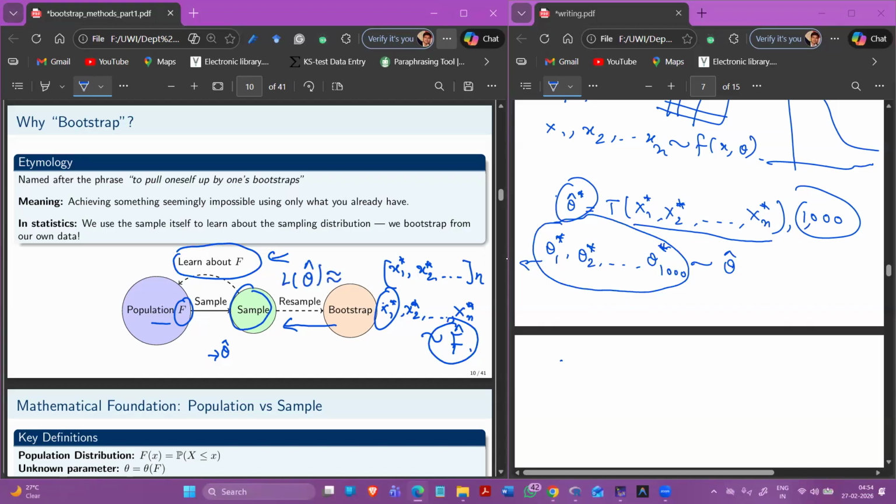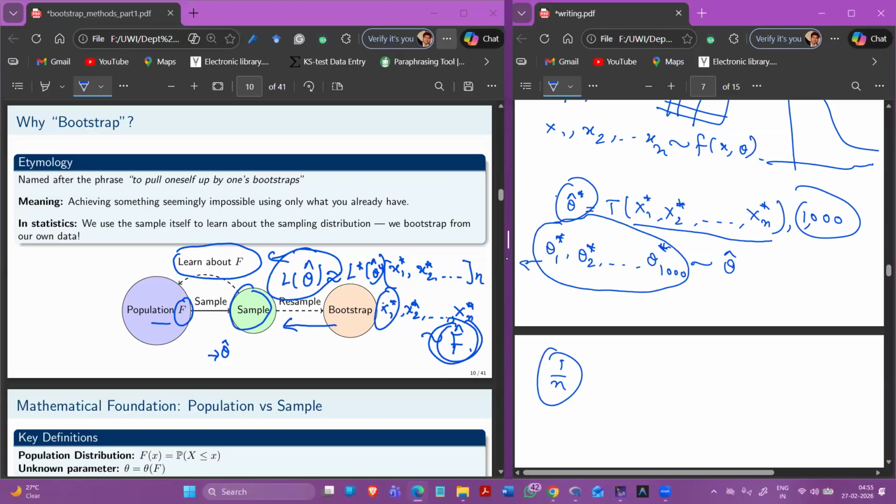likelihood of theta cap is approximated by the likelihood star of theta cap star. So the theta cap star distribution will approximate the population distribution. Here the empirical CDF that we generate places probability 1 upon n on each observed data point, because we take the sample with replacement.